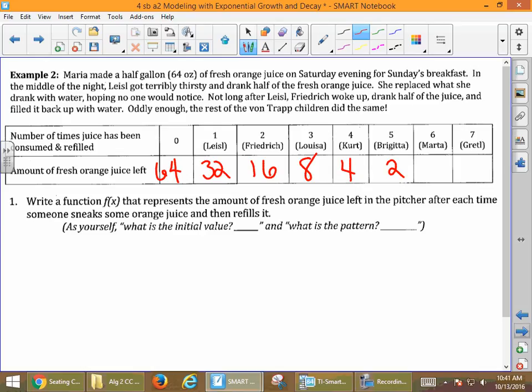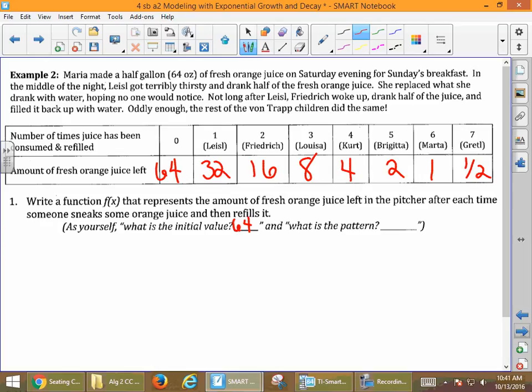What's our pattern here? What are we doing? Jordan? Dividing by 2. We're halving these. So there's not very much orange juice left by the time Gretel gets to that. So if we want to write this function here, what's our initial value in this problem? What did we start with? 64. And what's our pattern?